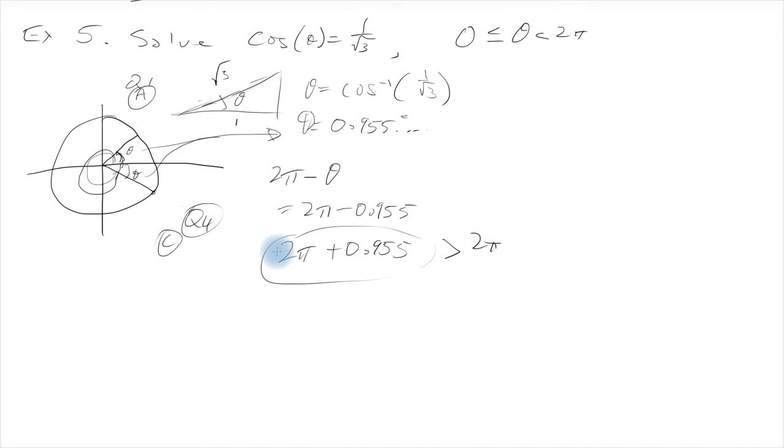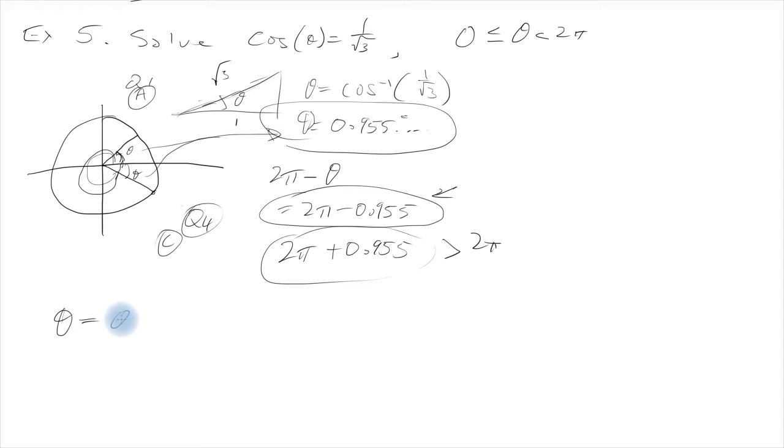So there's only two solutions: our first quadrant solution and our quadrant 4 solution. To write our answer, we can write theta equals 0.955 and 2 pi minus 0.955. And there we go, so we've got two solutions.